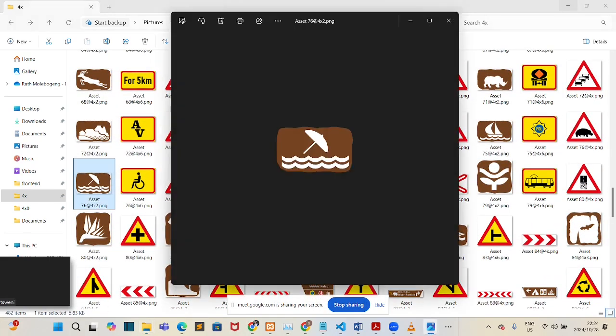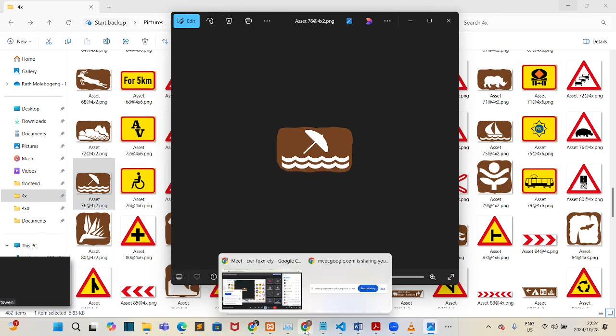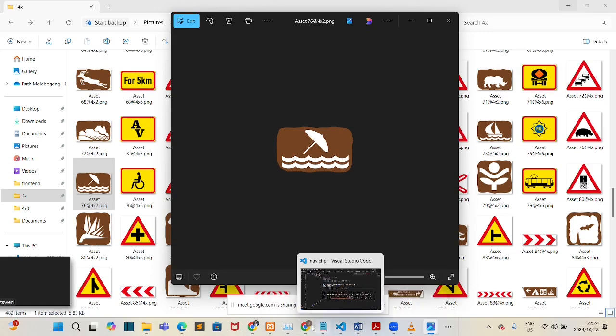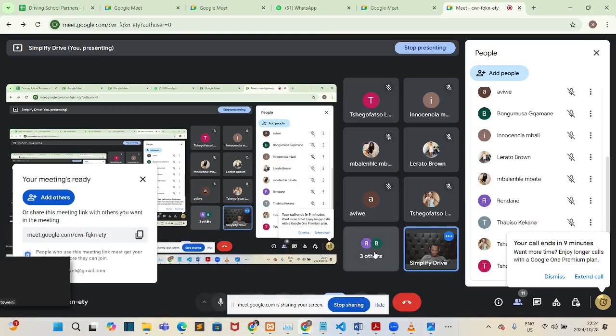What does this tourism sign indicate to road users? Let me see, who are we picking for that? Seho, the new one.